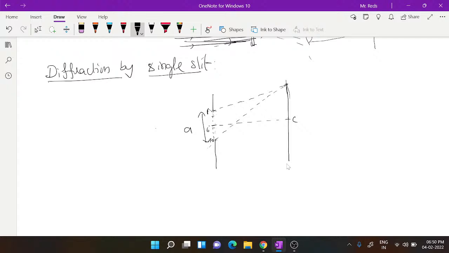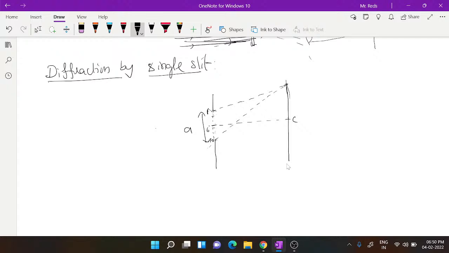So when the path difference is an integral multiple of lambda by 2, or 3 lambda by 2 and so on, in interference you will get a dark fringe.